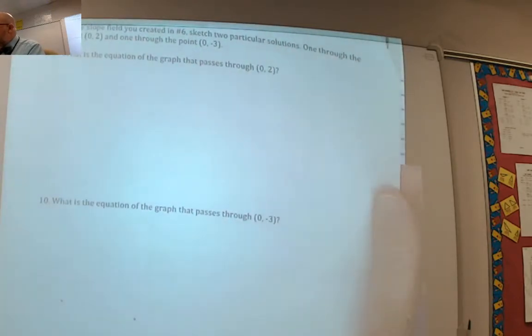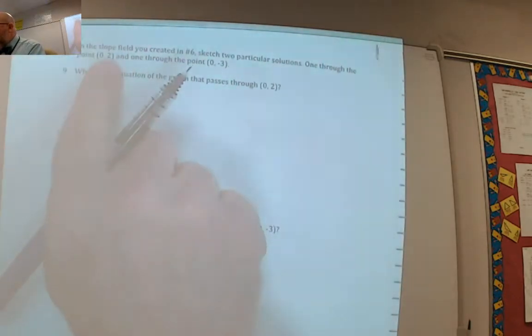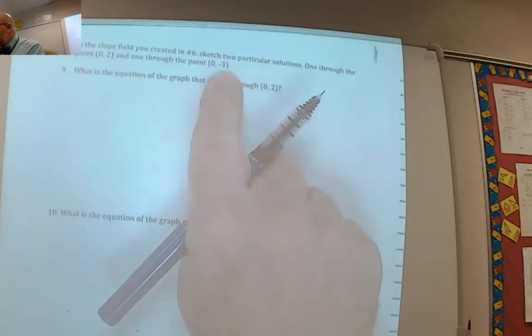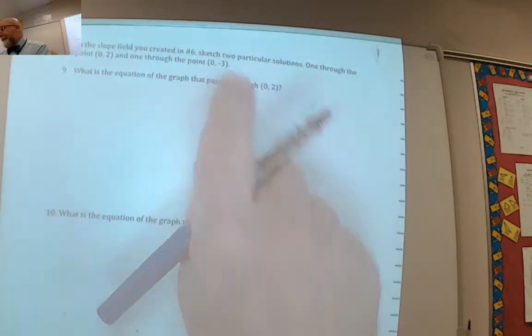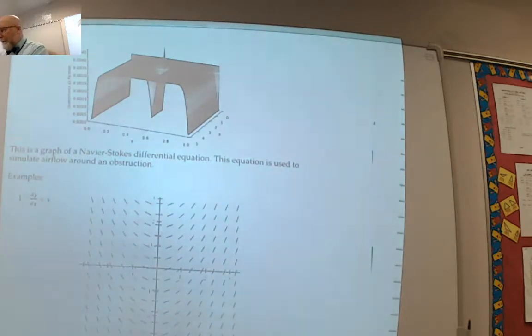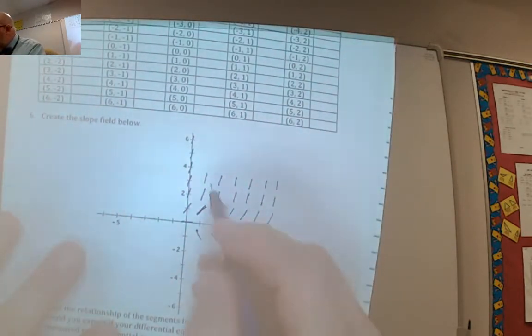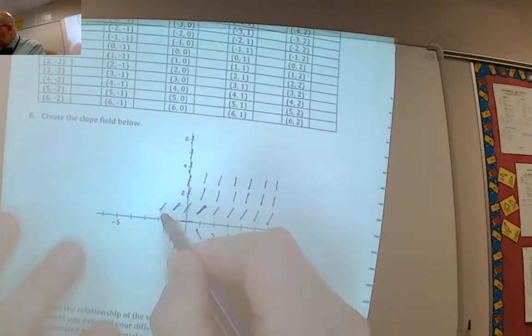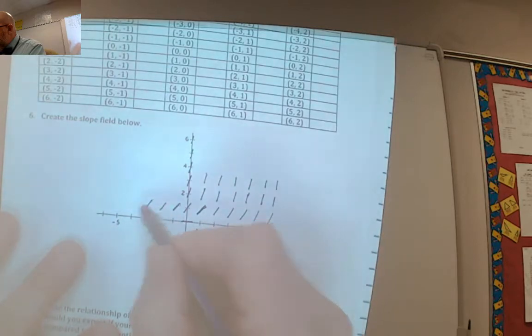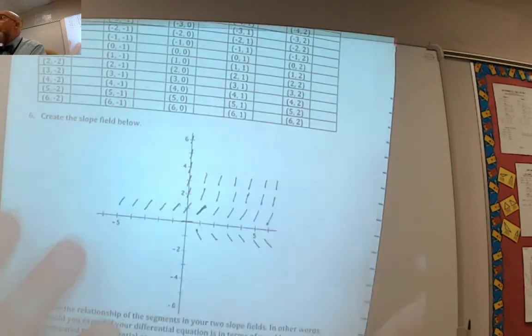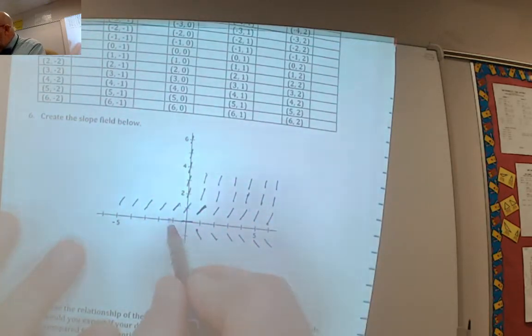Okay, it asks me to sketch two particular solutions through (0, 2) and through (0, negative 3), correct? That's your question. So (0, 2) would be like this, correct? You might even have had this all the way along there.